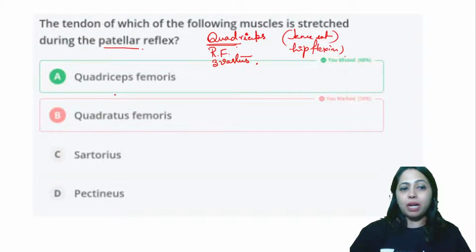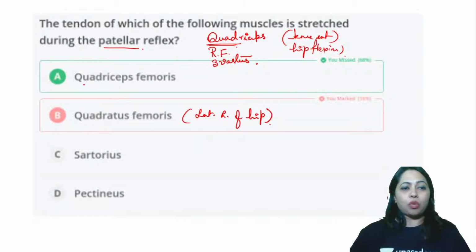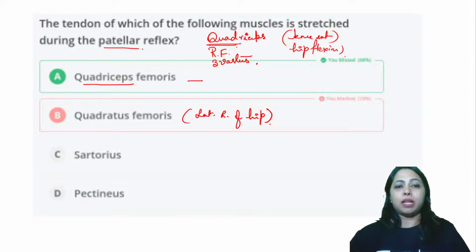Quadratus femoris is also there, which is going to confuse you a little, but this one is the lateral rotator of the hip. So don't get confused, that is different. Quadriceps is the muscle which does knee extension and is stretched during the patellar reflex.